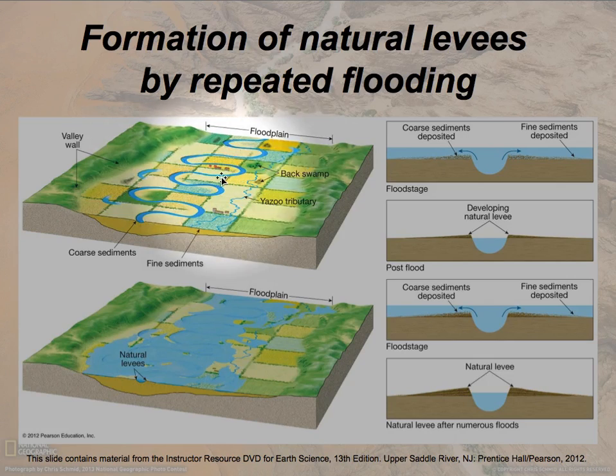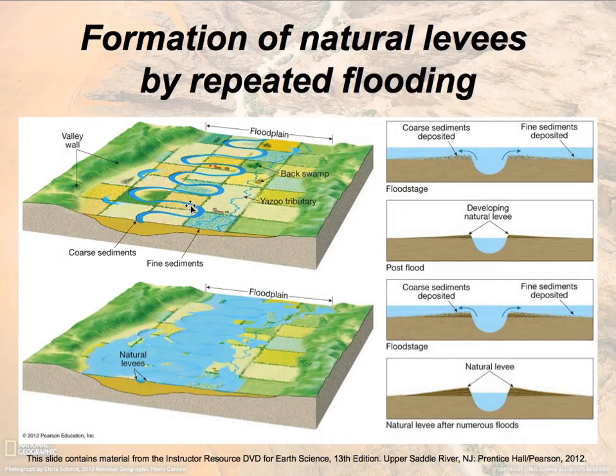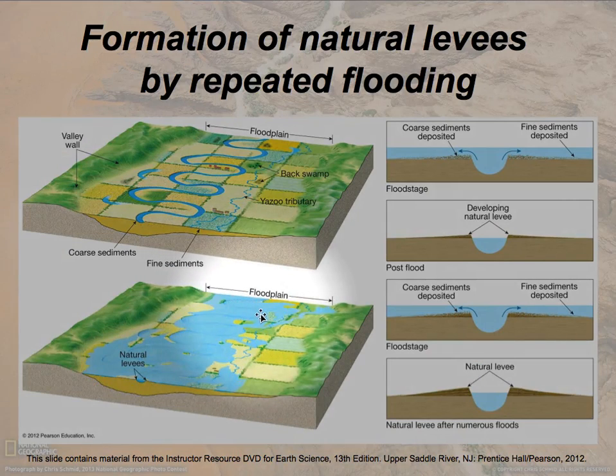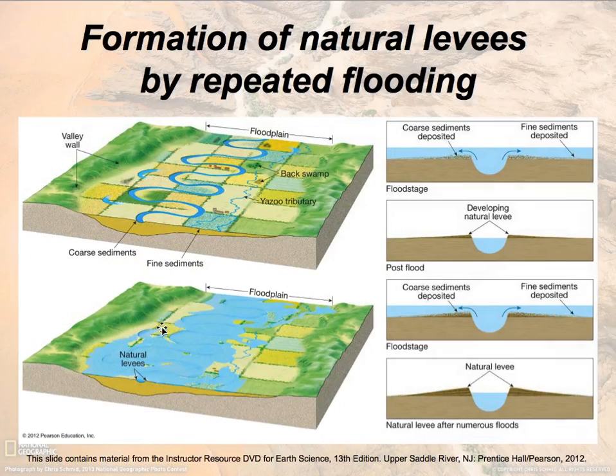That is, streams that wander back and forth and are characterized by slow-moving, relatively high discharge water. When areas like that flood, you can see down here the tracings of those meanderings of that stream channel that is up here. But water overtops those edges, those channels, and can spread out over the entire plain.